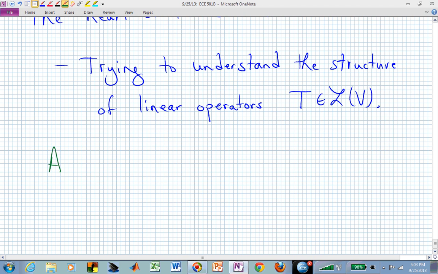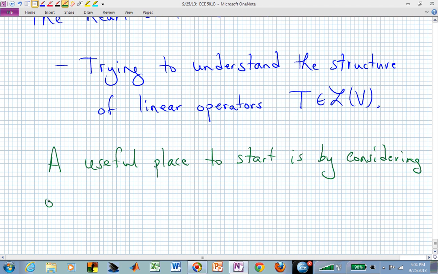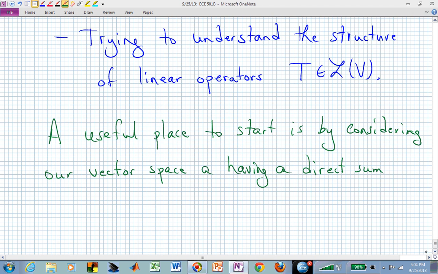We had direct sum combinations of subspaces to create a vector space V. Now, a useful place to start then with these linear operators is by considering our vector space, which is this capital V, as being dividable or represented as having a direct sum decomposition.